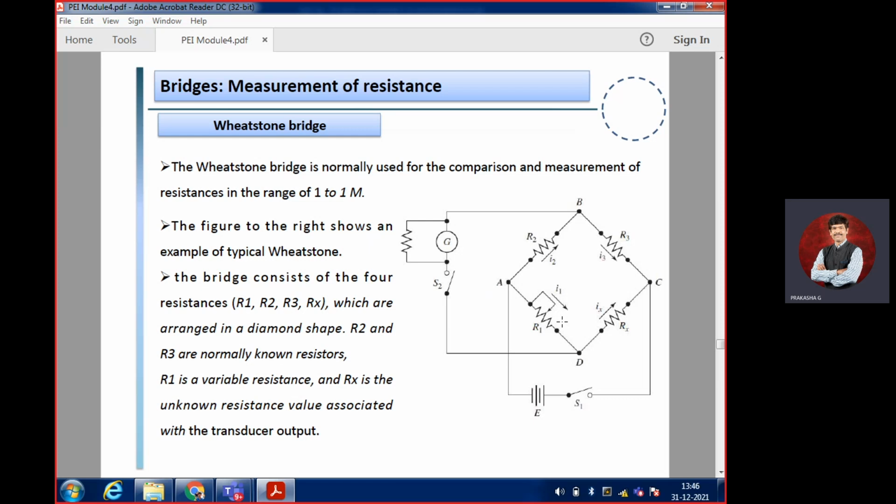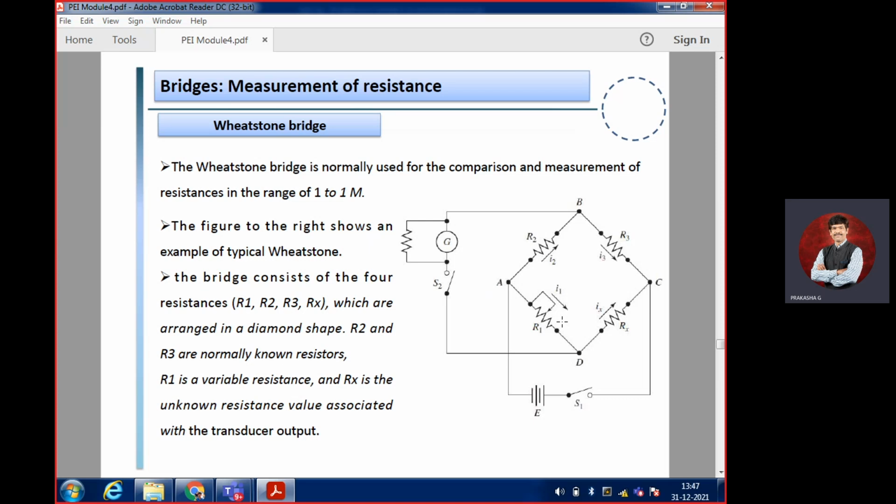But in the lab we had R1, R2, Rx, and S, correct? S is one more terminal. Whatever it is, you are going to have the same bridge configuration here.